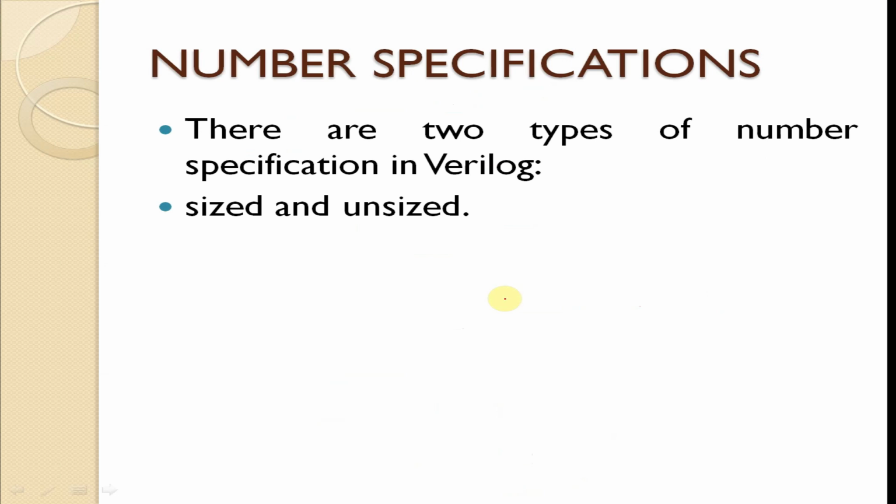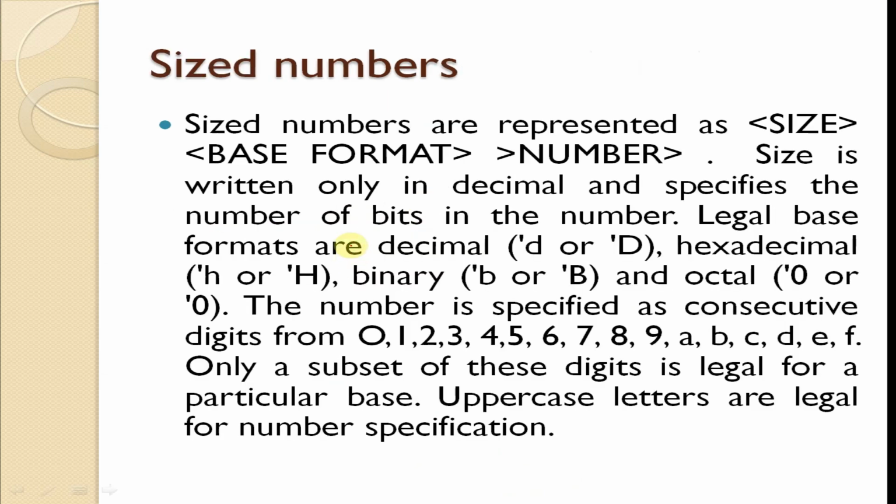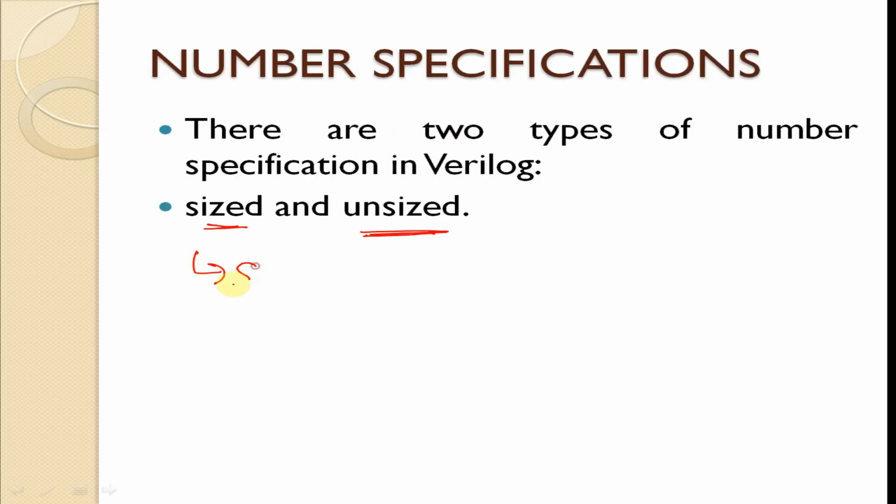And now let's discuss number specifications. There are two types of number specifications in Verilog. One is sized numbers and another is unsized numbers. So what are sized numbers? First, let's see the sized numbers.